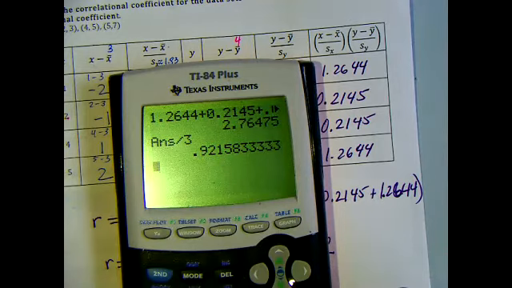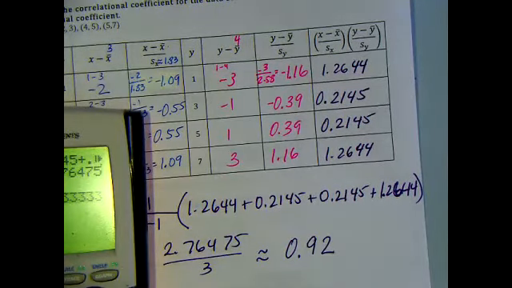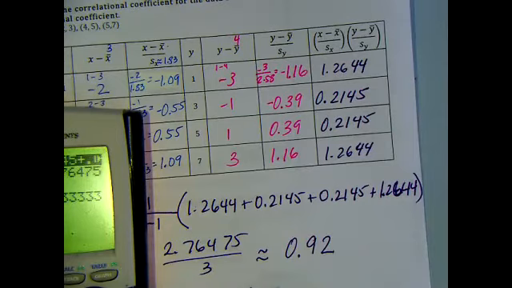Did I do something wrong here? Did I input something incorrectly? Let me try this. 1.2644 plus 0.2145 plus 0.2145 plus 1.2644.